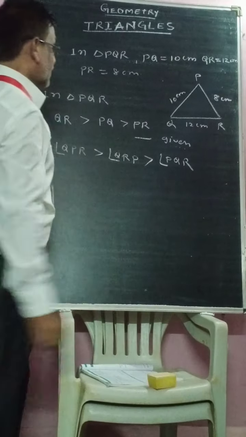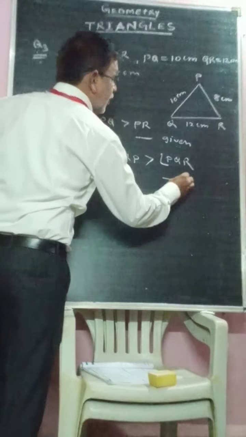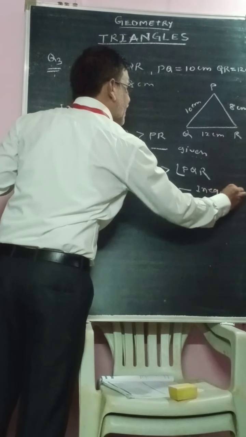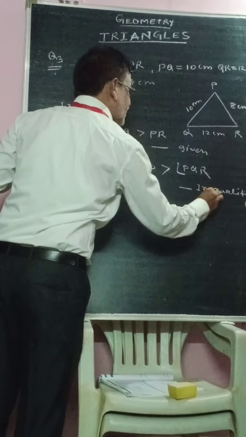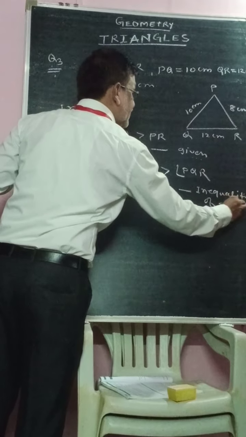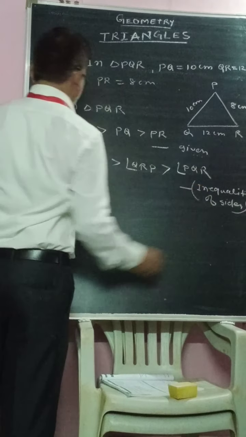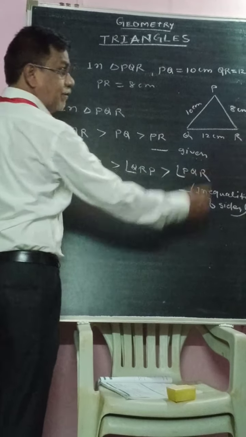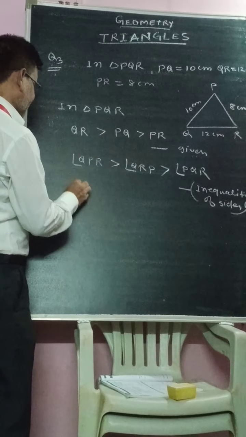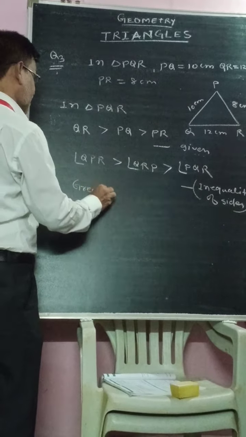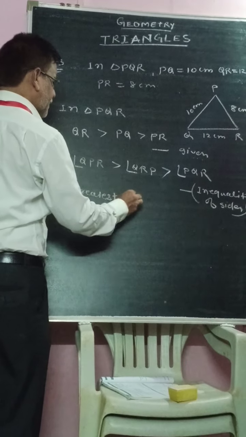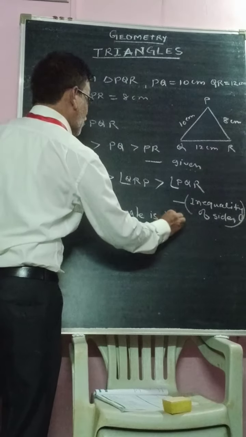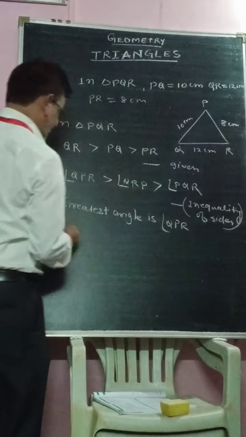This is the concept of inequality of sides. Therefore the greatest angle is QPR and the smallest angle is PQR.